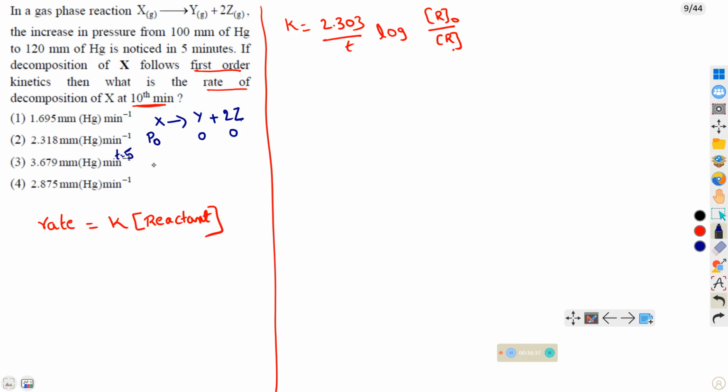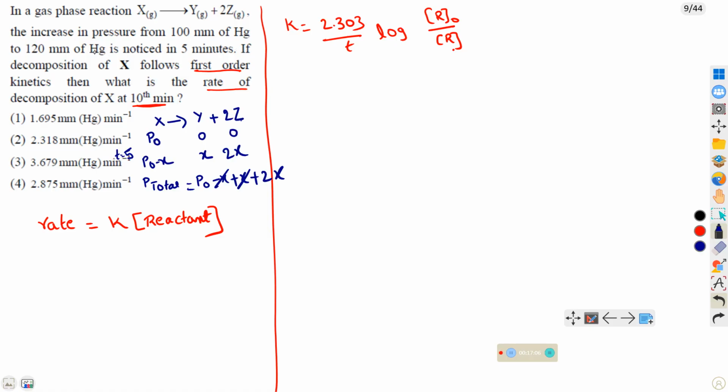At time equals 5 minutes, P naught minus X, here 2 moles of Z, that's the reason 2X. So P total is equals to P naught minus X plus 2X. Minus X plus X cancel. P total is equals to P naught plus 2X.